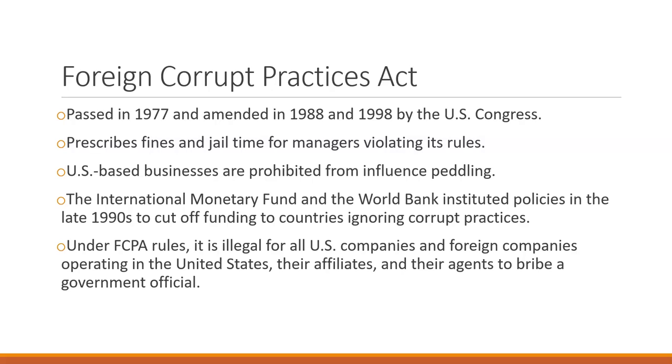One of the basic instructions under it is that US-based businesses are prohibited from bribery. So in some countries, bribery is an actual legal part of business. And this Foreign Corrupt Practices Act prohibits US-based organizations from participating in those bribery schemes.